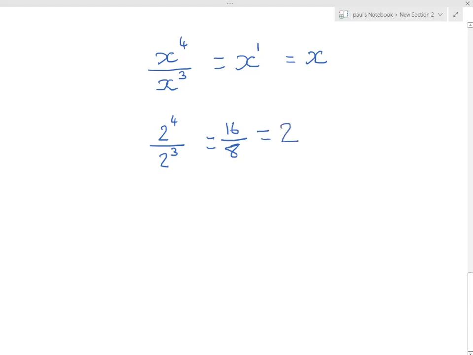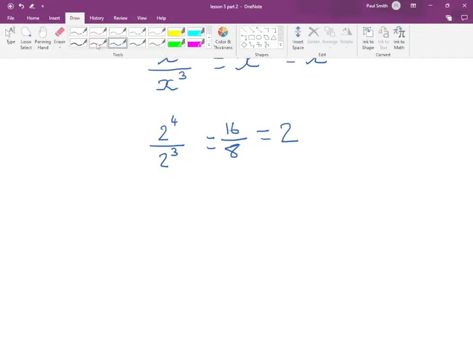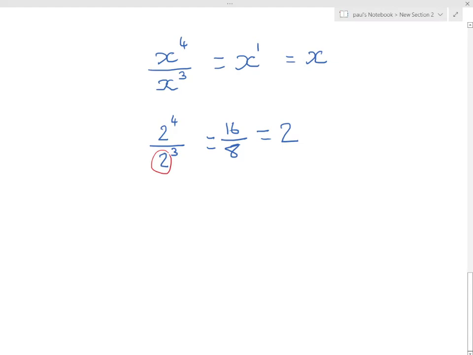See, this number 2 is equal to that number, and this letter x is equal to that letter.